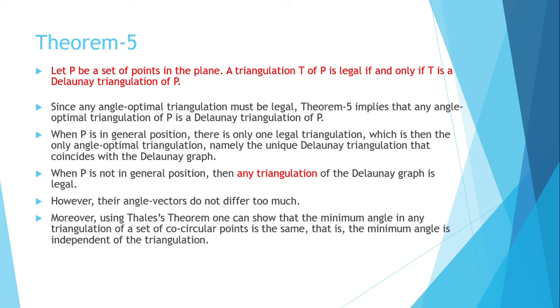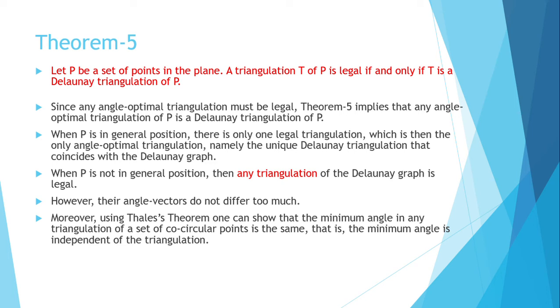If P is not in general position, that is, if they are not triangles, then any triangulation of the Delaunay graph is legal. It means that any such triangulation is equivalent to the Delaunay triangulation. They do this by comparing the angle vectors, so they do not differ too much.